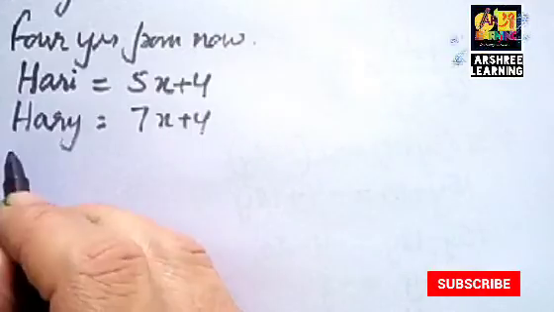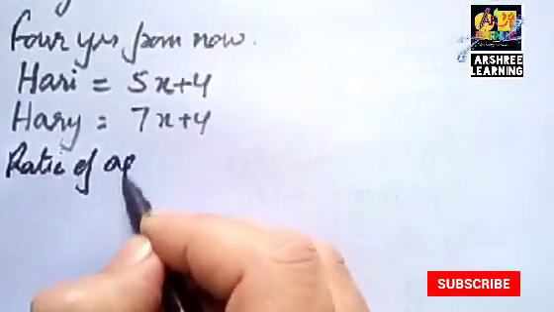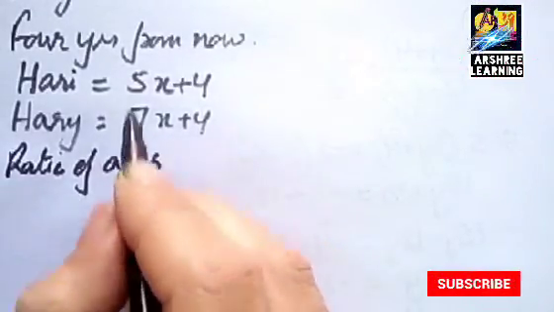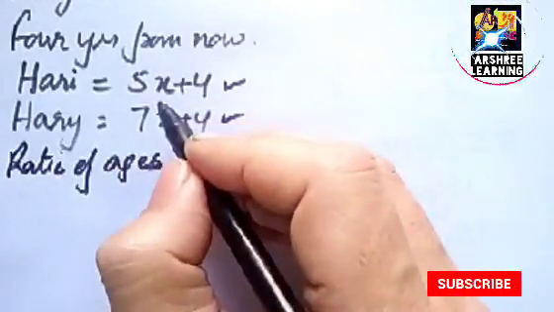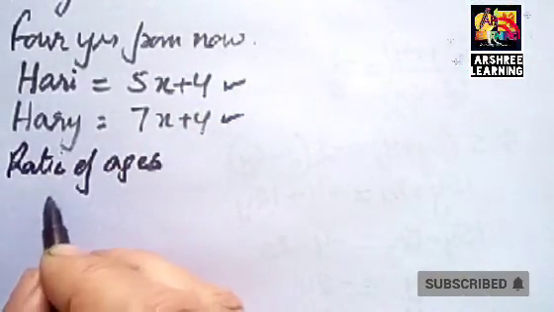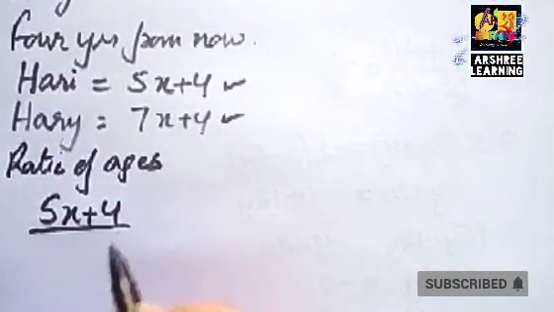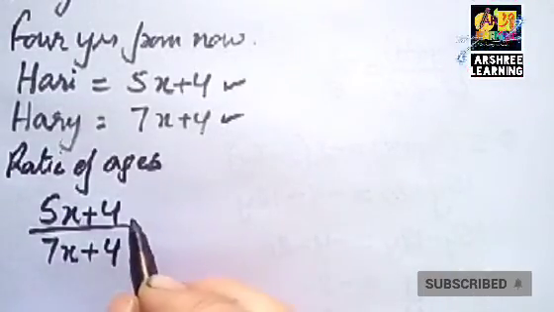Now it is given the ratio of their age. Now you have to compare the ratio of ages of both. So what is the ratio of their age? This and this number will be written in ratio form. So it will become 5x plus 4. Ratio means divide. So 5x plus 4 divided by 7x plus 4 is a ratio.